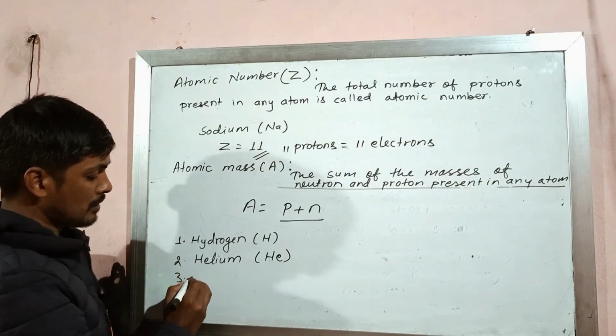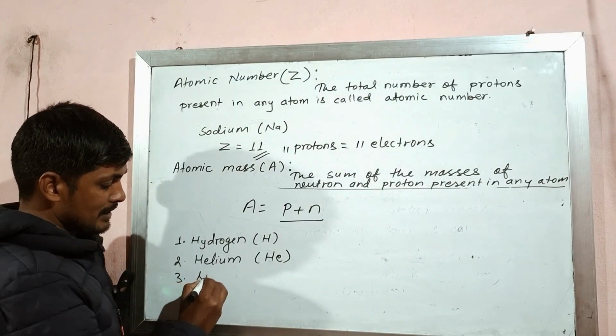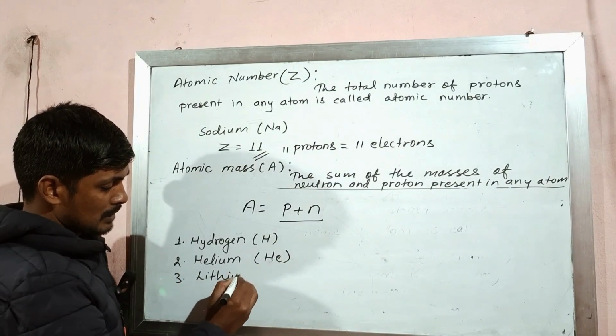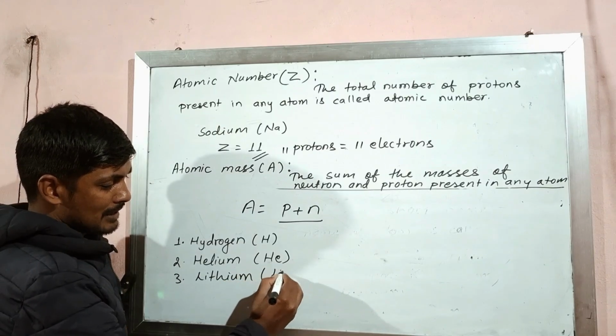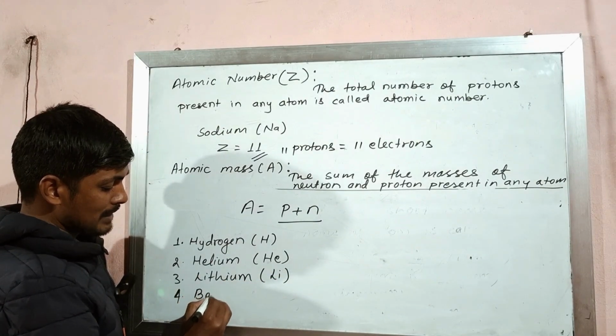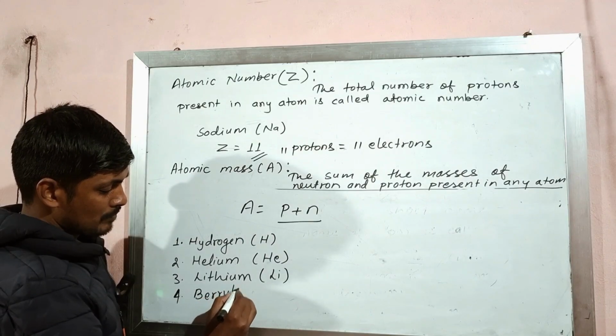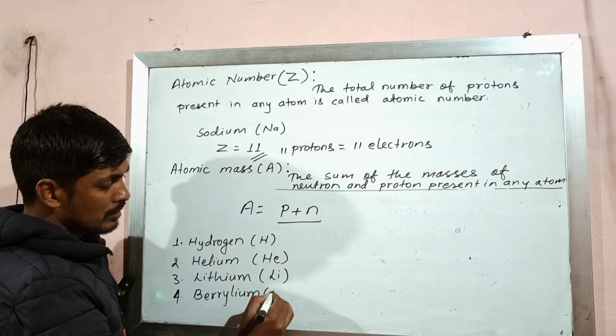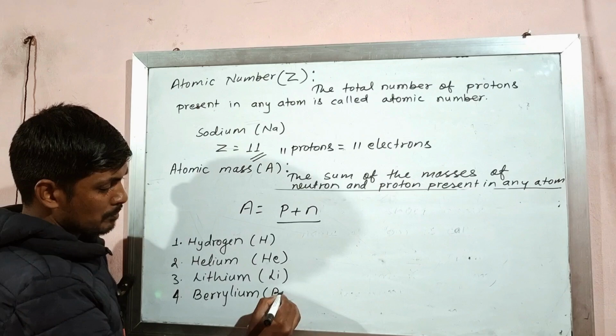Number 3, lithium, symbol Li. Number 4, beryllium, symbol Be.